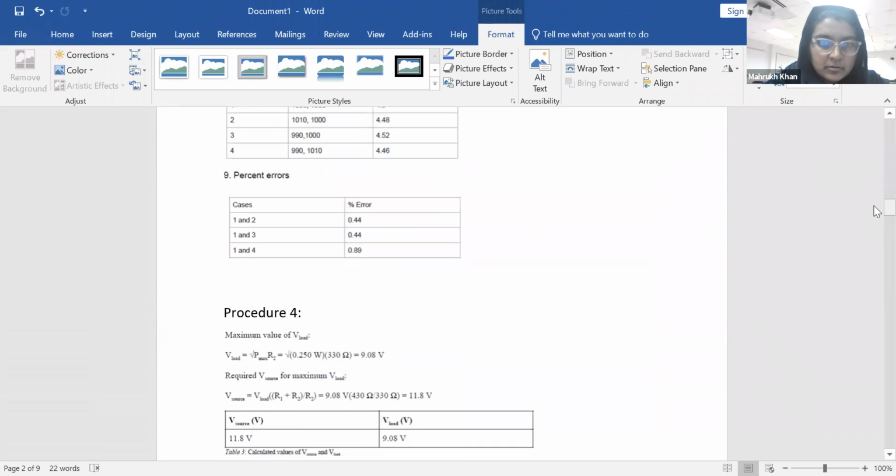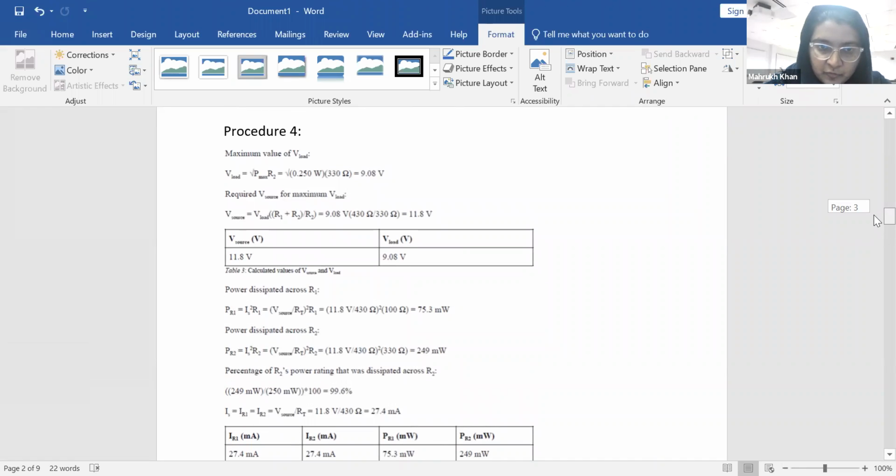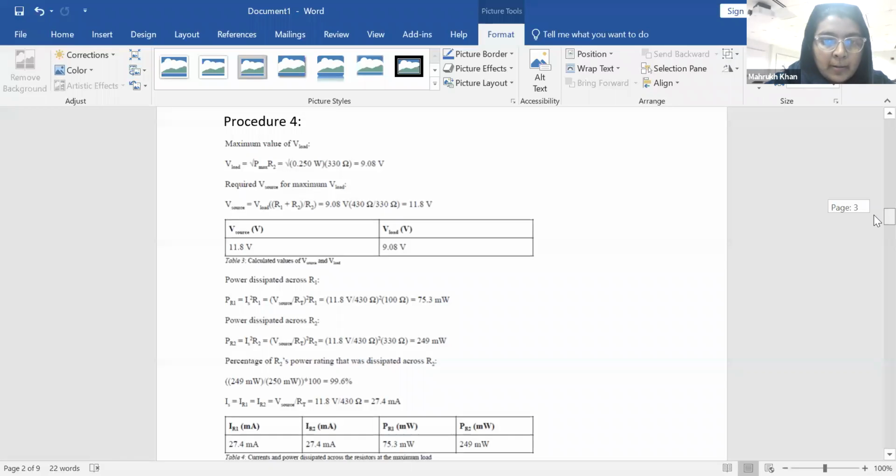Then this was, I think, causing major trouble for most of you: the power rating. In the power rating section, I asked you to find V load, the load that will give you the maximum power rating.